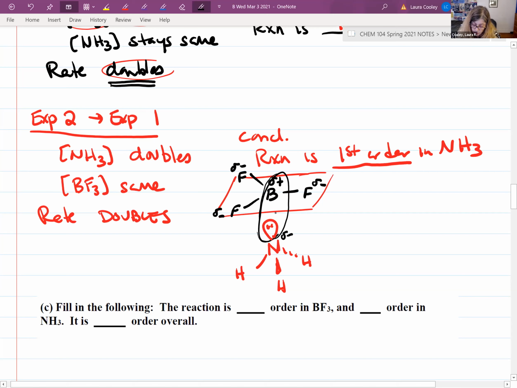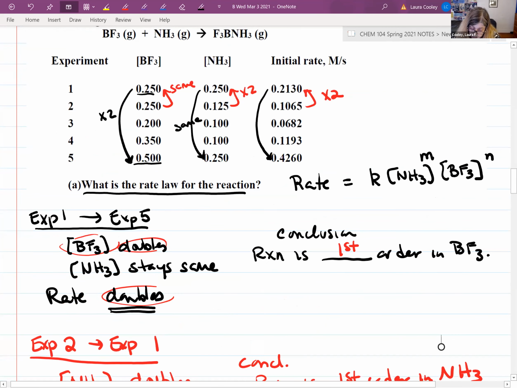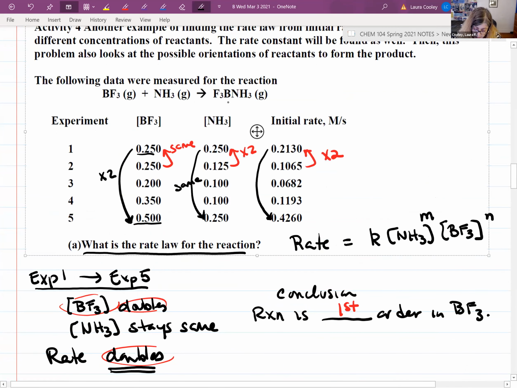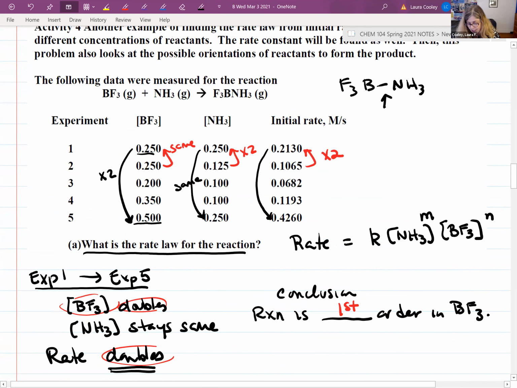And so these are attracted, and so you end up with a bond forming. And that's the product. It's written down over here, F3B NH3. And this is the bond that forms, okay?